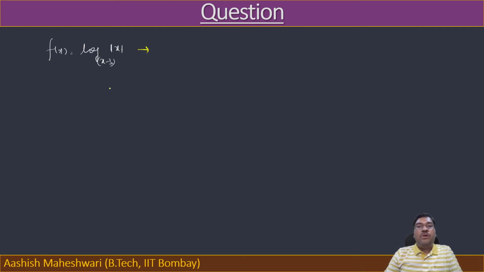Now for the log to be defined, the argument should be a positive value. You can see modulus x is always non-negative, so the only thing is modulus x should not be equal to 0. So x should not be 0, because otherwise this log will not be defined.